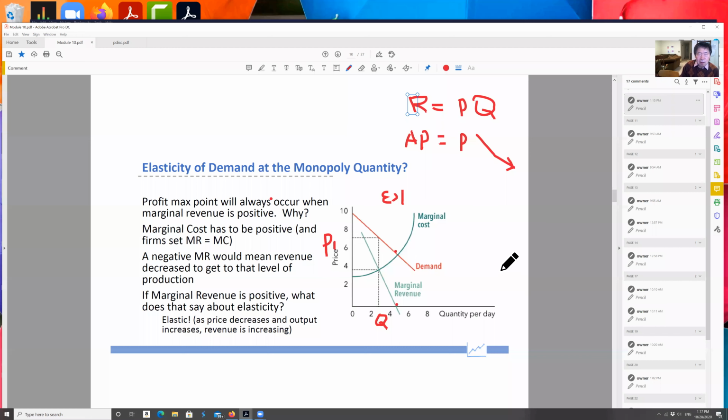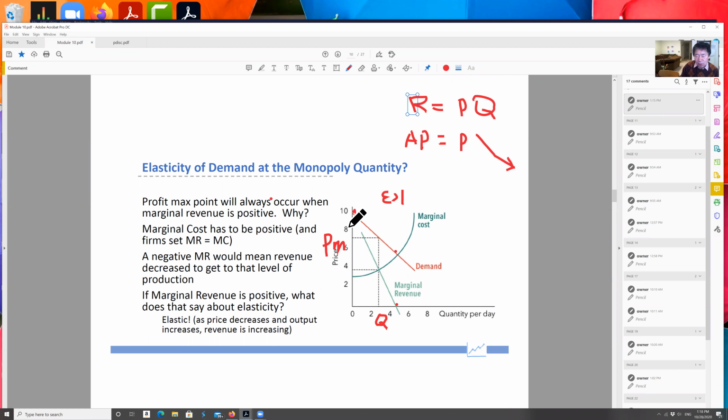Now, what about the elasticity of demand? Well, in this region, especially, it's much easier to understand this if you imagine a linear demand curve. At this point, revenue is zero. Price is great, but you're not selling anything, so revenue is zero.